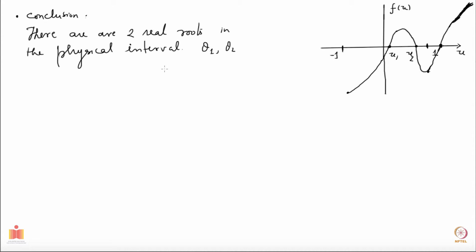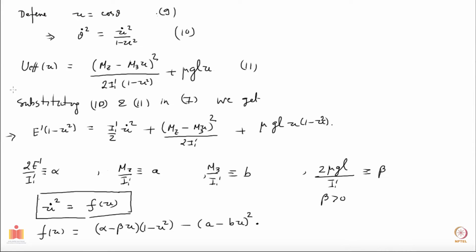Which means that as the top moves, the axis of the top is going to periodically change its inclination, and it has to periodically move between theta 1 and theta 2. So let me go back to this figure.